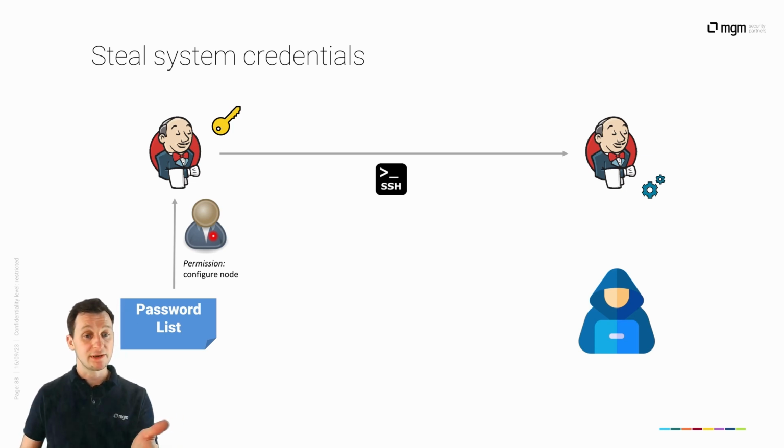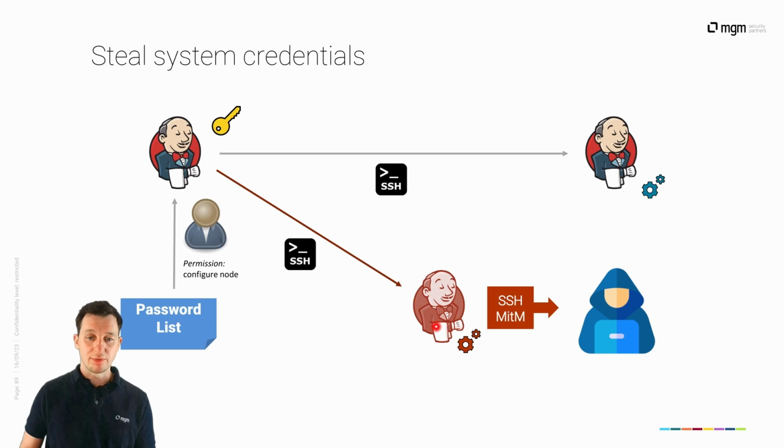And then when we have the permission of this person that can configure a node, maybe an administrator but maybe without access to the secret, we could create a new Jenkins agent, but instead of setting up a Jenkins agent, we set up an SSH man-in-the-middle server, and this man-in-the-middle server gives us the credentials that are used for the SSH server, and by this we have access to this build agent, or to the node where this build agent is on.